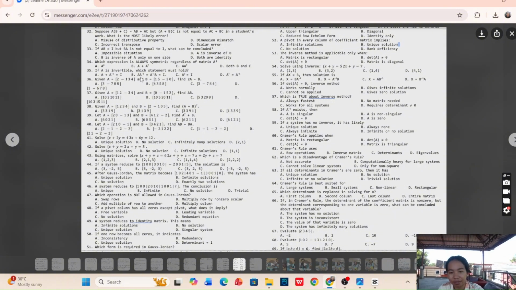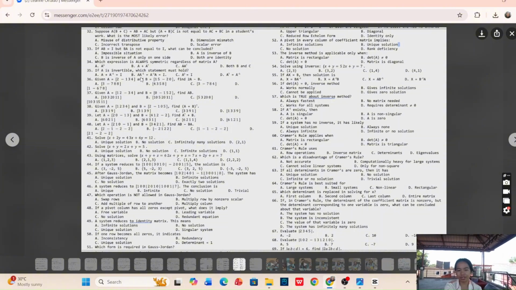Sorry, I had the explanation for number 61 rather than for 60. So again, Cramer's rule applies only when the determinant is not zero, which is found in option B. So number 60 is letter B.